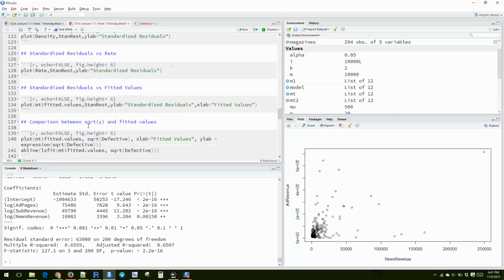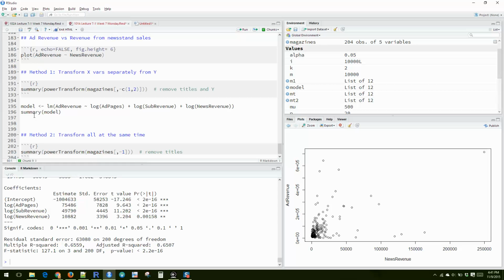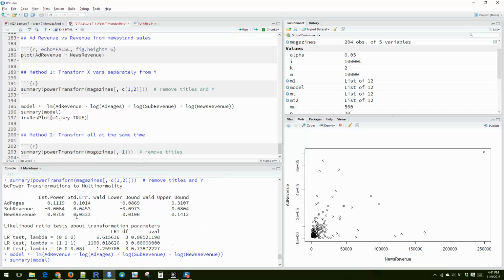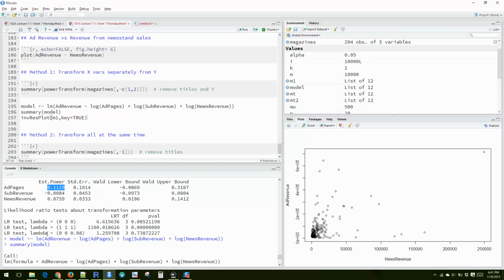Question? Yes. So the reason why you did log transform is because all the powers are close to 0? Yeah, when I did power transform, the estimated powers to use were 0, or at least, compared to the standard error, close to 0. So this gives you a sense of what acceptable power transforms would be.